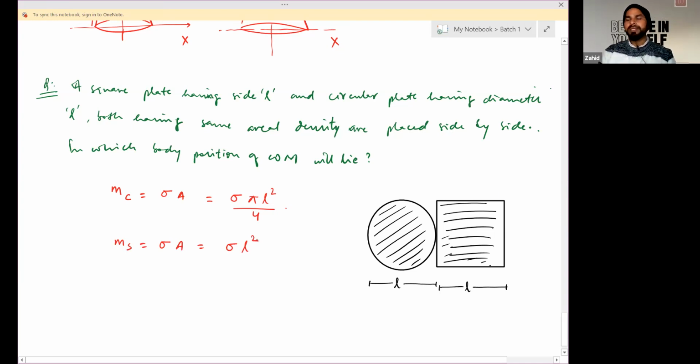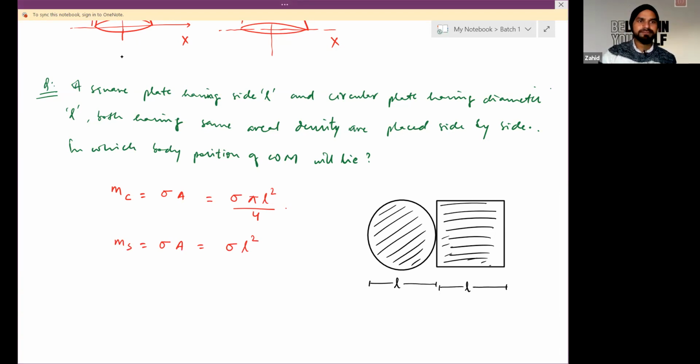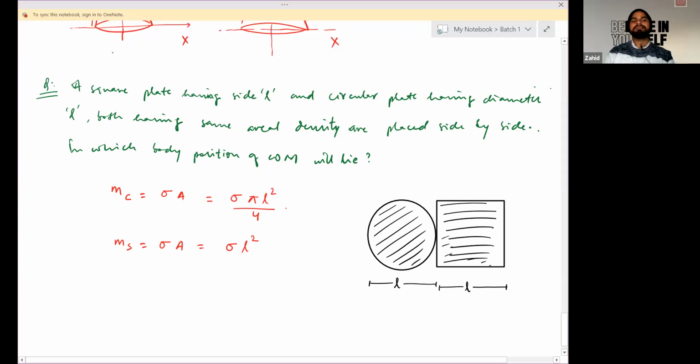Now try to compare the two masses. Are they equal, or which one is larger? Hiba, tell me. Which one is more, the mass of the circular plate or the mass of the square? The mass of the square. Good.